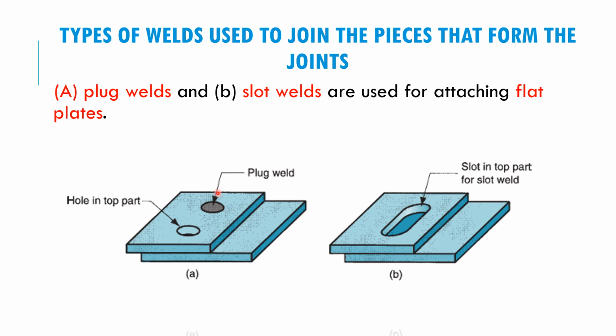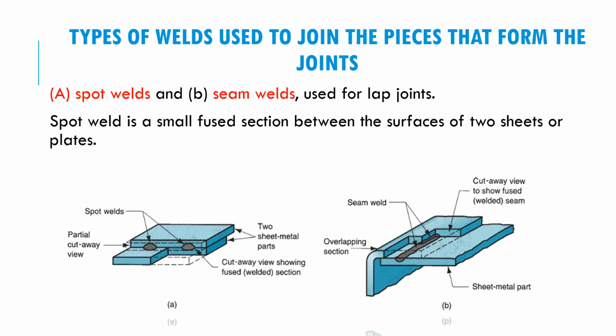Then the filler is put inside the hole, so that it joins the two faying surfaces. For the slot weld, you create a slot and then fill in the filler inside it, so that these two lap joint faying surfaces can be joined together.